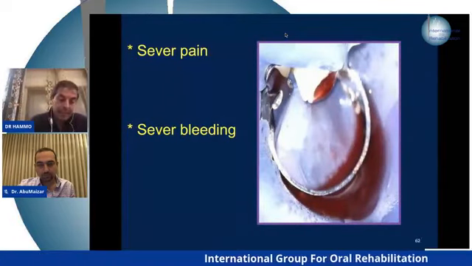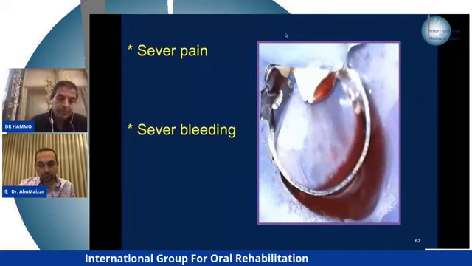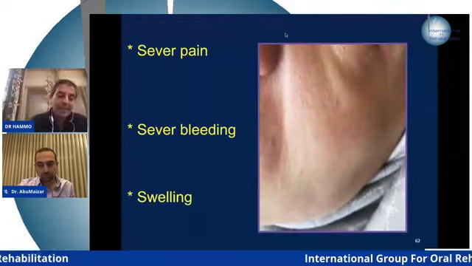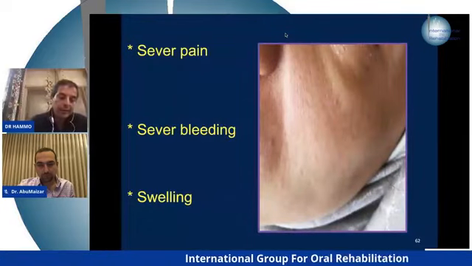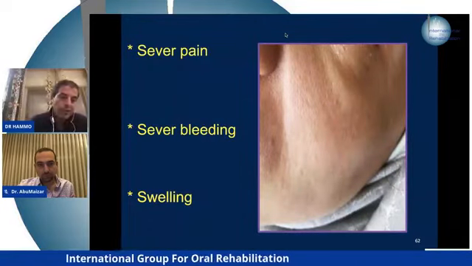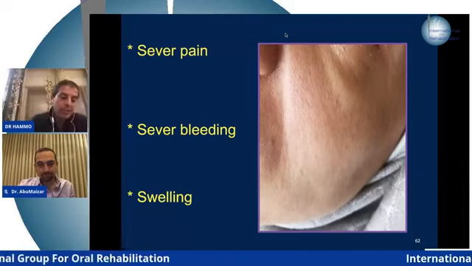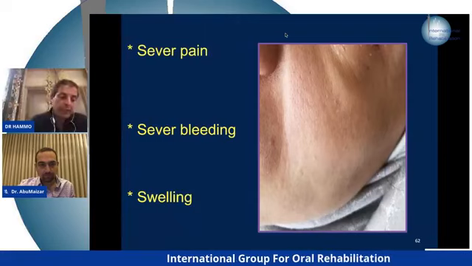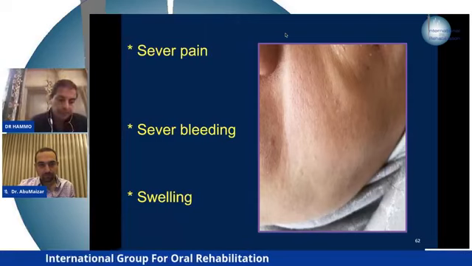Severe bleeding started. And instant swelling occurred, unfortunately. So when I saw such signs, I knew we had an irrigation accident.